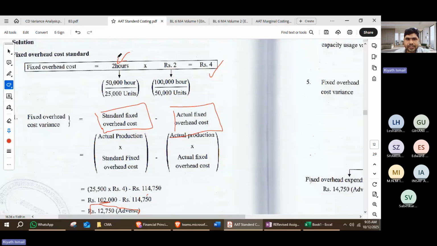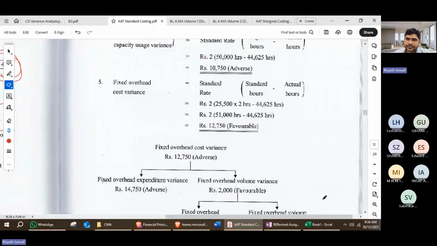The firm needs 2 hours for 1 unit. To produce 1 unit it requires 2 hours. Per hour rate is 2, then unit cost is 4. This is how they have calculated.